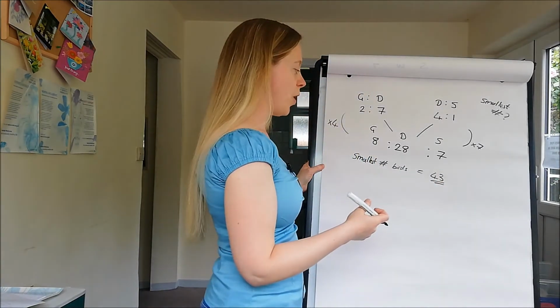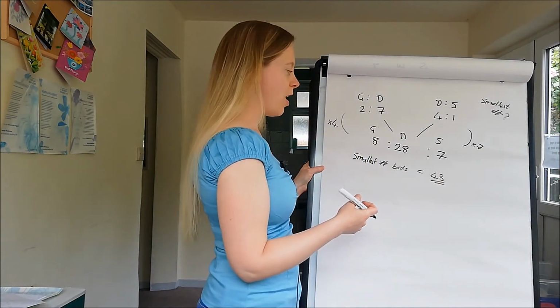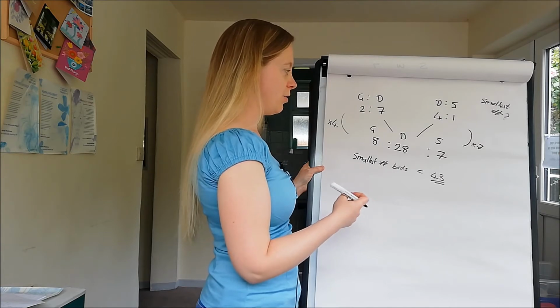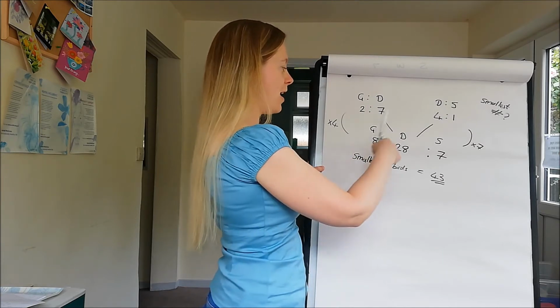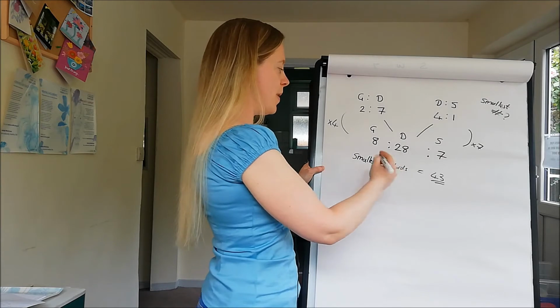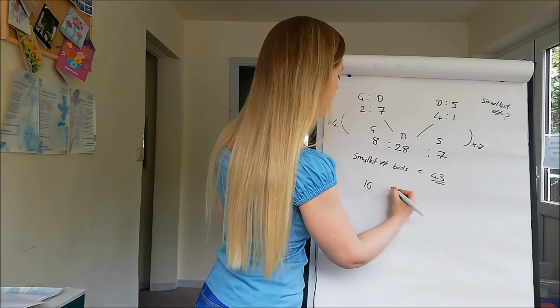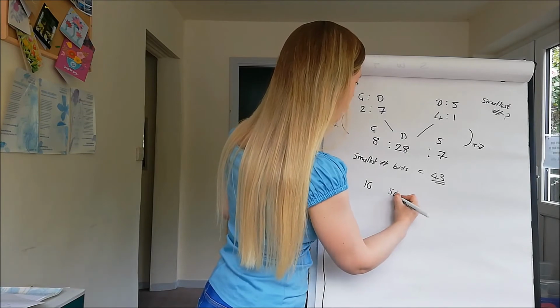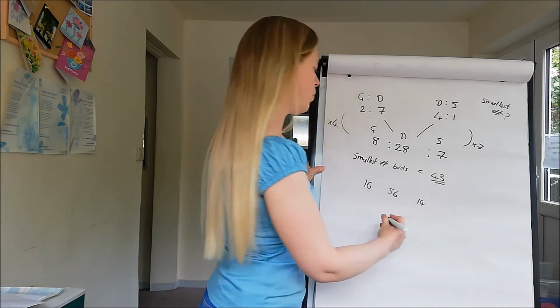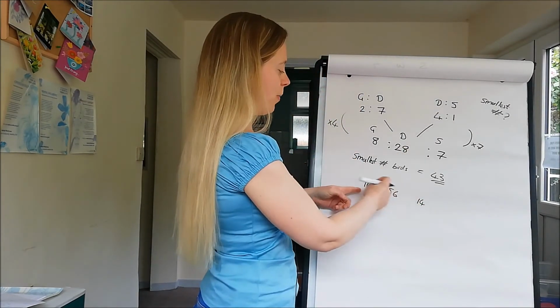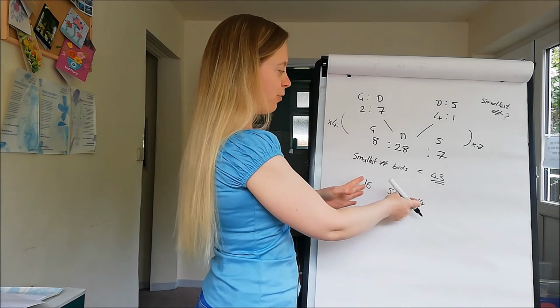It's not the only possible number of birds, because ducks, geese and swans being in the ratio 8, 28 and 7 means that I could times each of those by 2 to have 16 geese, 56 ducks and 14 swans, and they would still be in the same ratio, just a scaled up version of it.